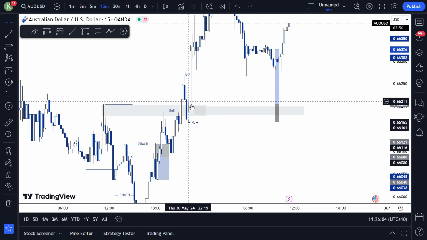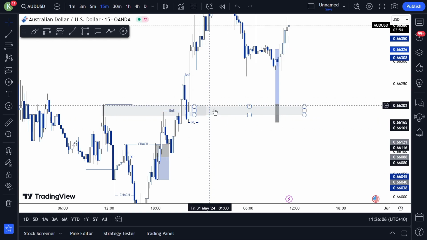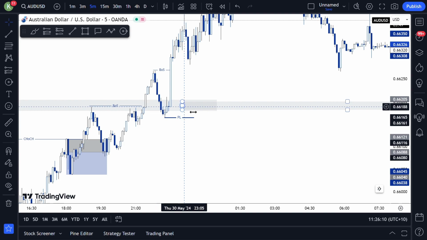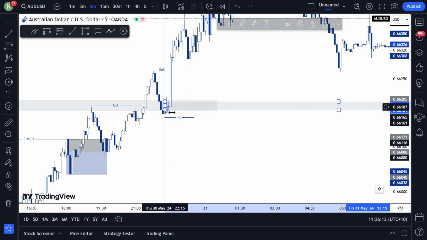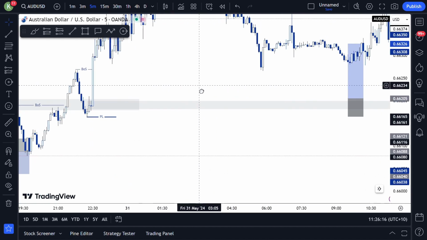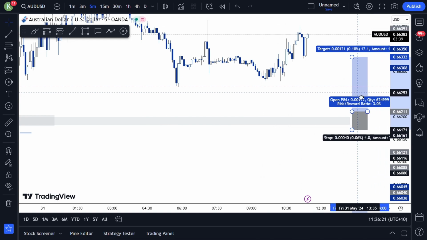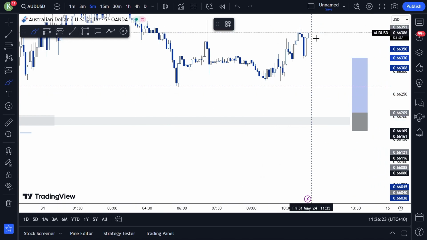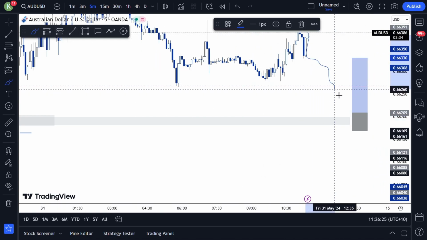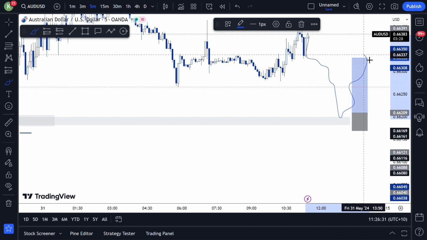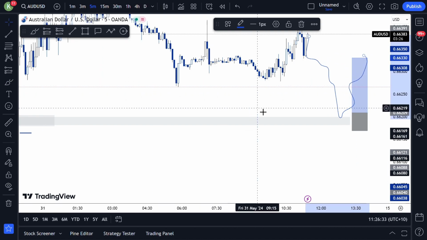So when you step it down to the 5-minute, you actually get a really clean order block just here on this down candle before the expansive move up, and we're just going to wait for this to come down and hopefully play into this zone. So what that would look like would be stepping down, tapping in, and then we want a 5-minute candle close outside, and then you target your 3 risks to reward, okay? So that's what we're going to be looking for today, a nice long there.